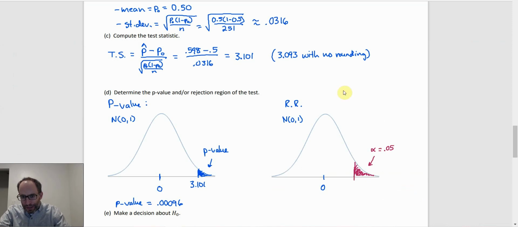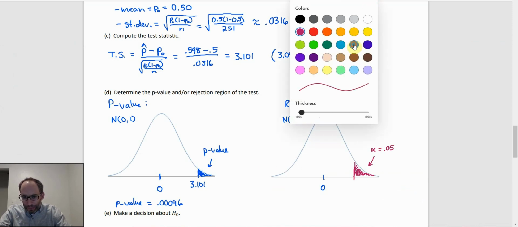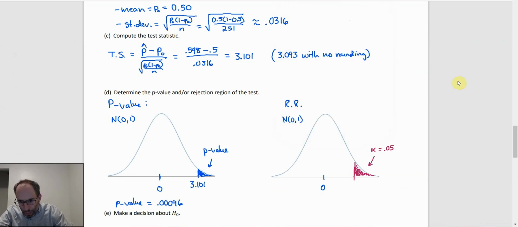So 1.645 is the cutoff, and our test statistic was 3.101, which is farther out into the tail. It's bigger than 1.645, so that would have to be in the rejection region, out in that maroon colored tail.